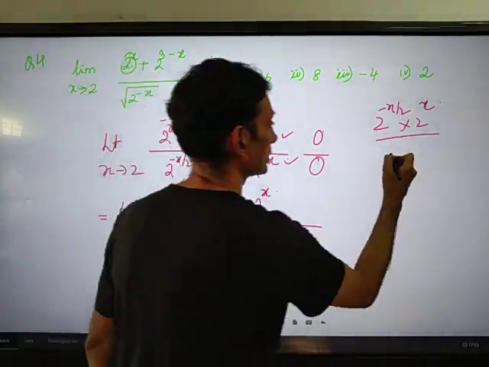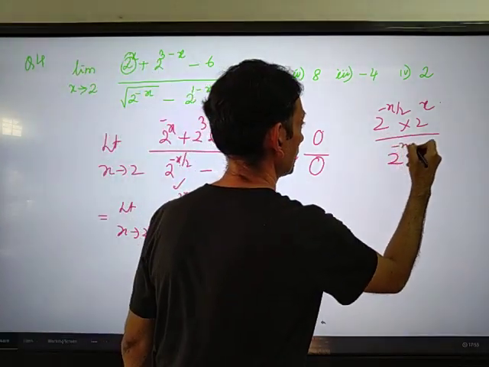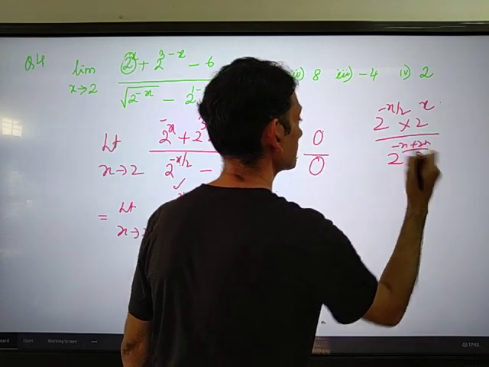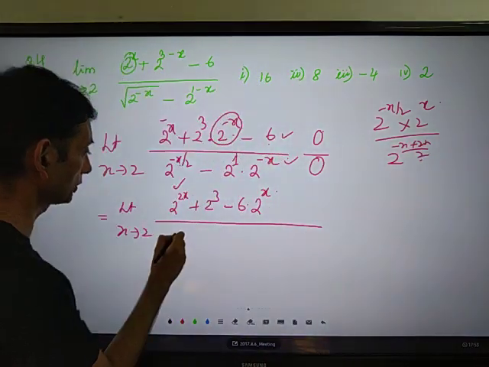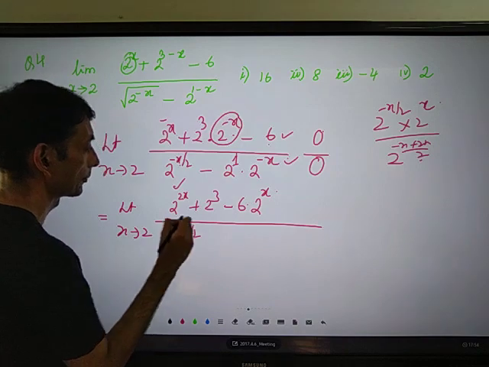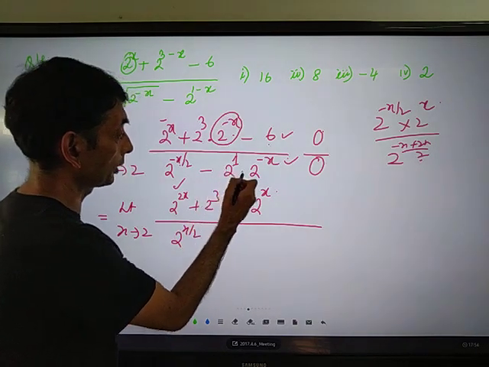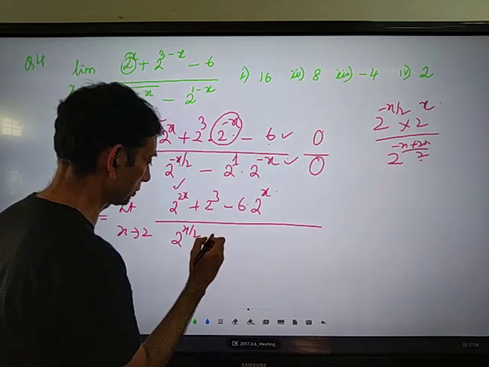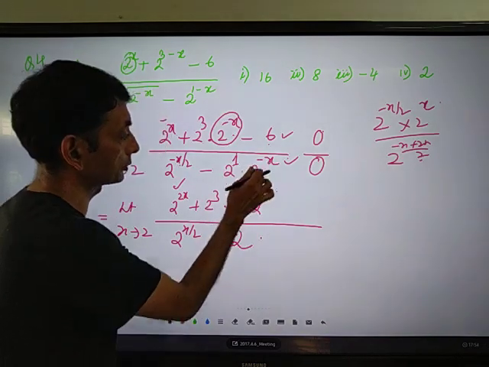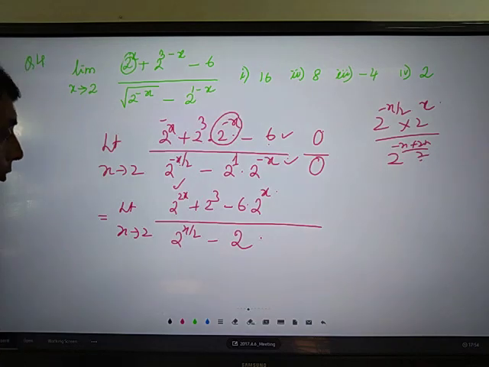If you calculate this, this will be minus x plus twice x by 2. This gives you 2 to the power x by 2. So it comes as 2 to the power x by 2, right? And this one you are dividing by 2 to the power minus x, so it's minus 2. This 2 to the power minus x will get cancelled out, right?